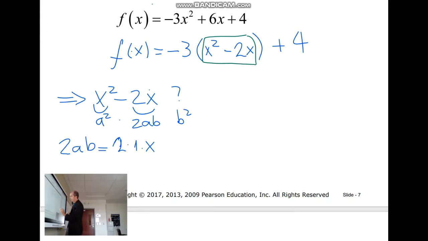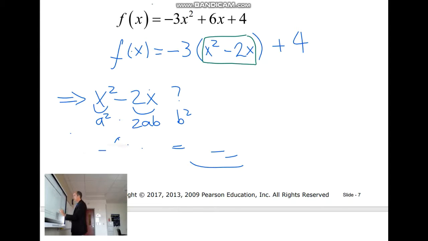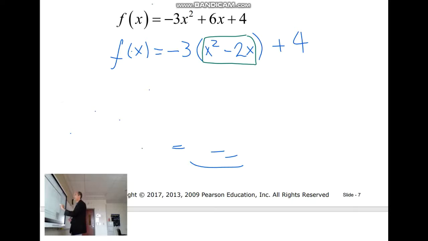That means a is x, and b is going to be 1. So to complete the square, we need to use b equals 1. Now we know b equals 1. Let's erase this, we don't need it anymore.